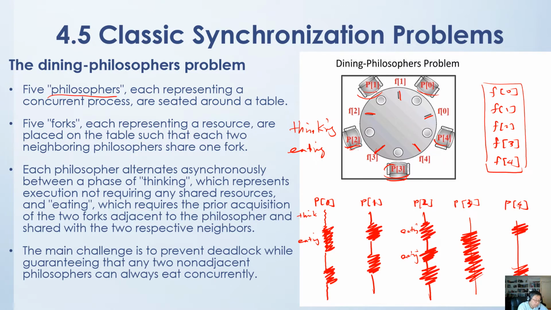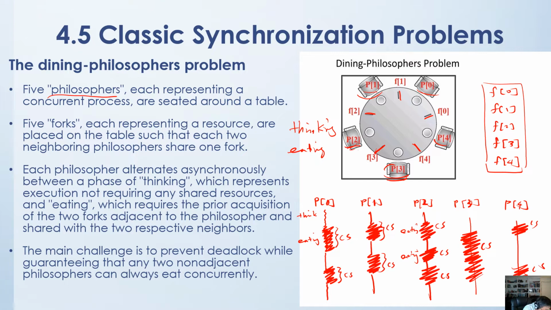So basically, using the definition of critical section, we can think of the eating phase as a critical section, right? Because the critical section is the fragment of code where the shared resource is going to be used.